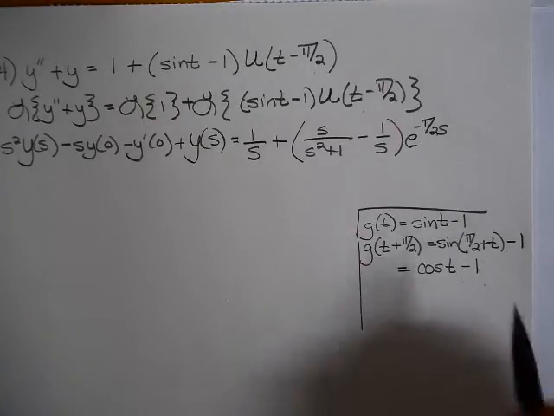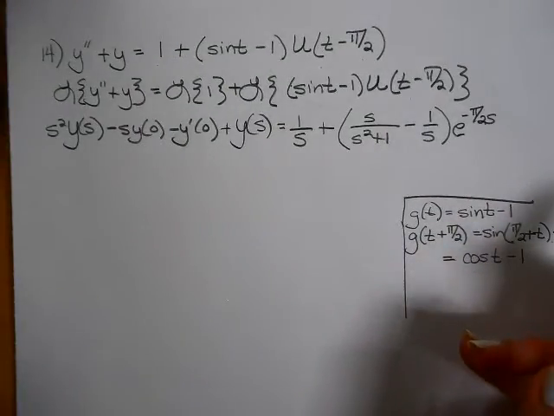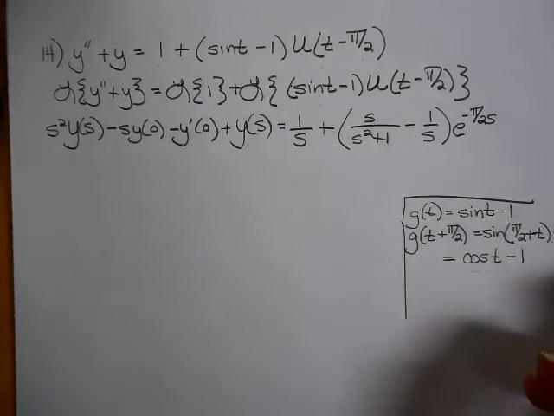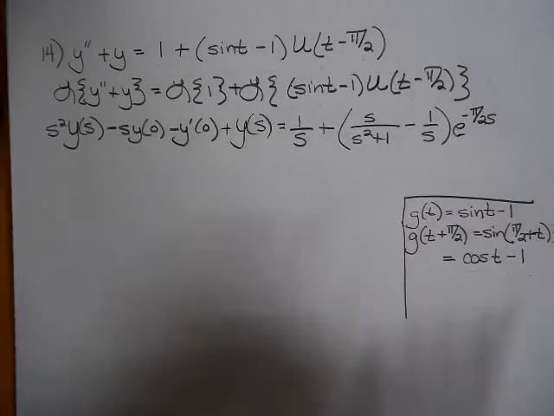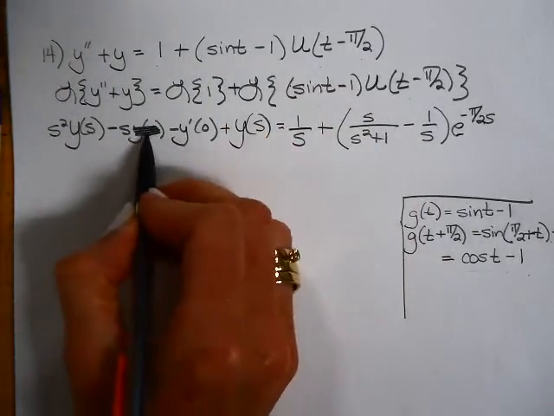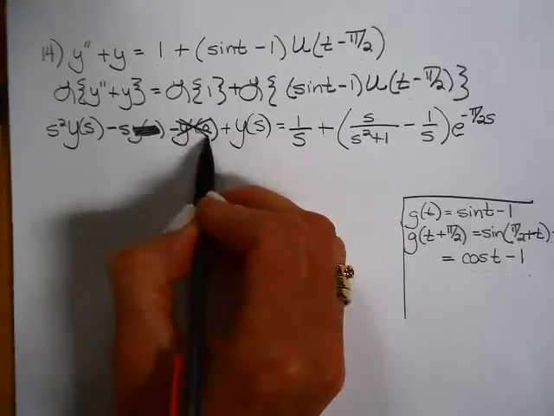Negative. Okay. Okay, everybody with me? Okay, my initial conditions, back to my book. Y of 0 is 1. Y prime of 0 is 0. So that one's gone.